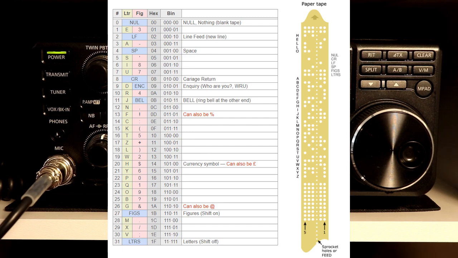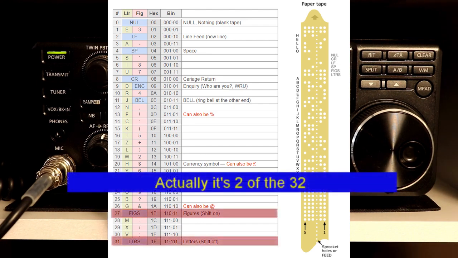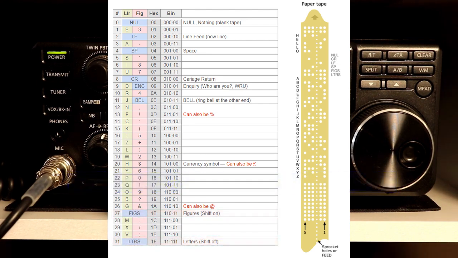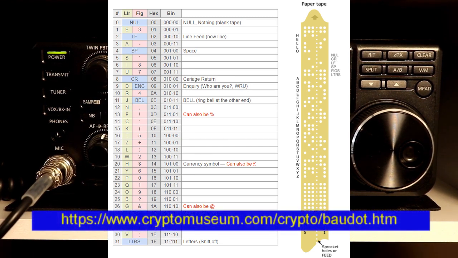So there is a shift character. It's one of those 32 in the Baudot code that when you send the shift character, then the next characters are decoded as the symbols function or non-letter characters. So the other 32 characters include numbers and special symbols like question marks and so on and so forth.